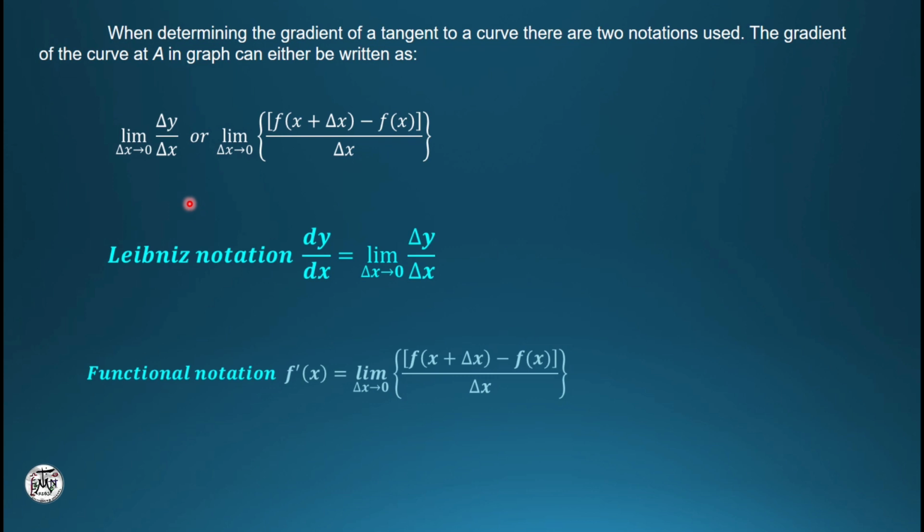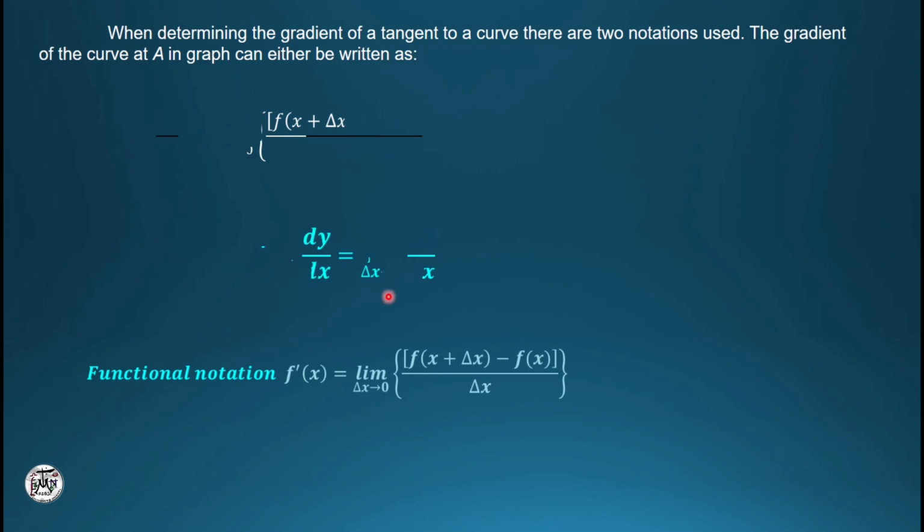That is the formula also. In Leibniz notation, dy over dx is equal to the limit of delta y over delta x, where delta x also approaches 0.